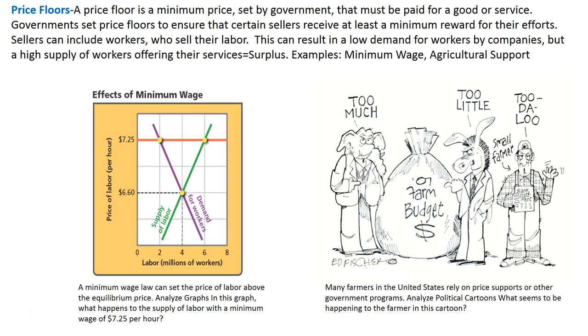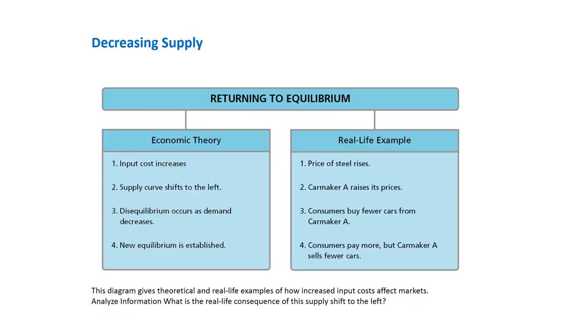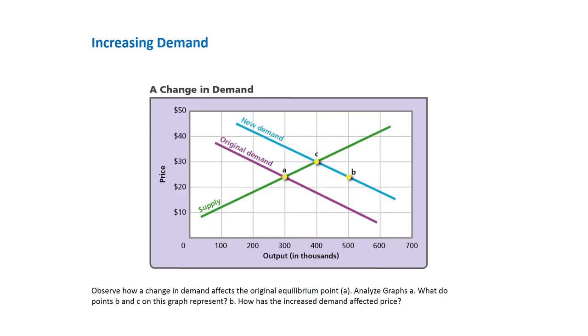You're going to have a lot of people wanting work, but not enough jobs, and so you would see a decrease in jobs when those price floors are put in. So it's going to lead to a surplus of workers, but not enough jobs. So getting back to equilibrium, this is kind of the theory. Here's the example. You can study that.